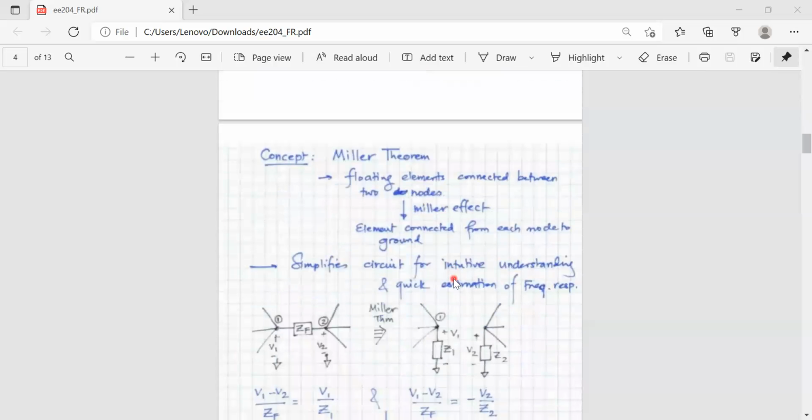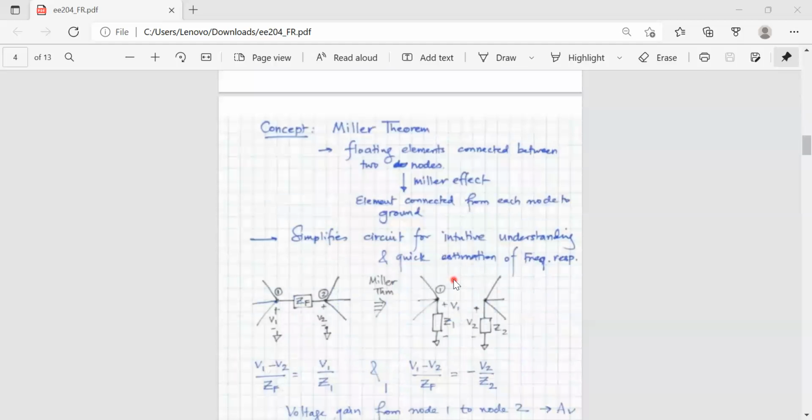And there is one theorem called Miller theorem, which will be useful to solve circuits in which an impedance Z is across from one point to another point. This is equivalent to Z1 from that point to ground and Z2 from that point to ground.